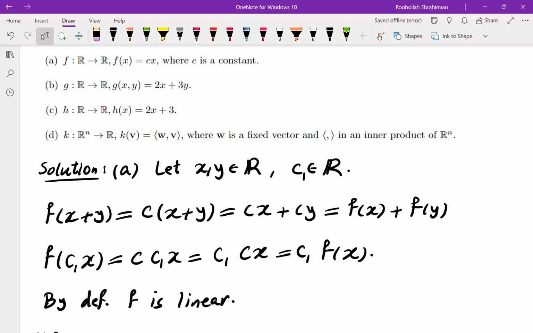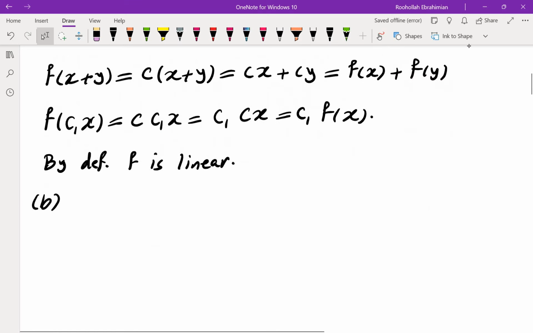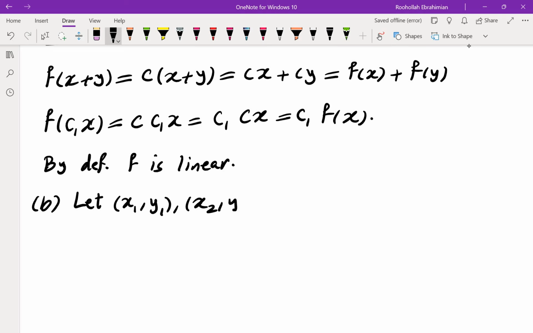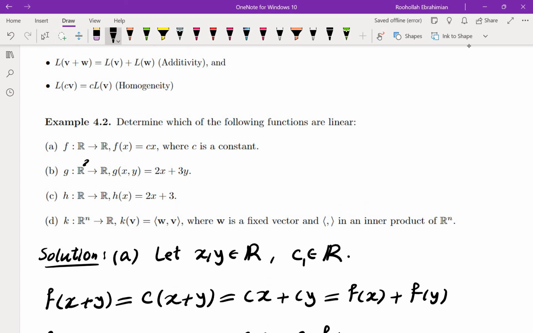Next one is g of x comma y equals 2x plus 3y. I'm going to do basically the same thing. Let's start from two vectors x1, y1 and x2, y2 in R2 in the domain. Oh, and by the way, this would have to be R2. There's a typo here.